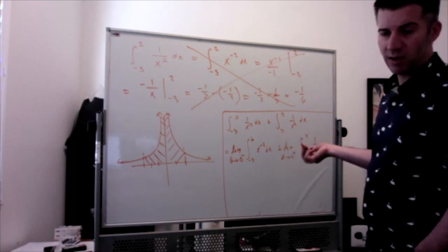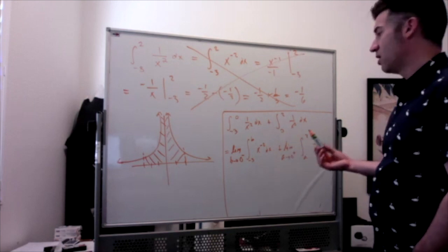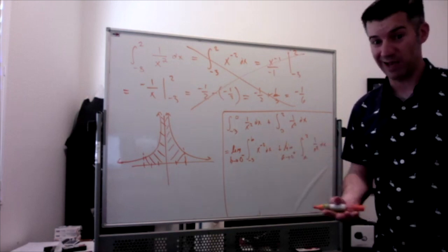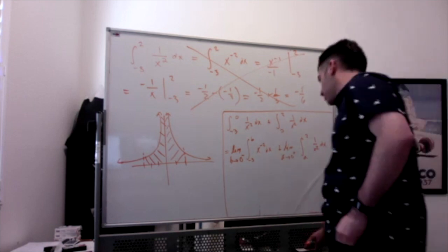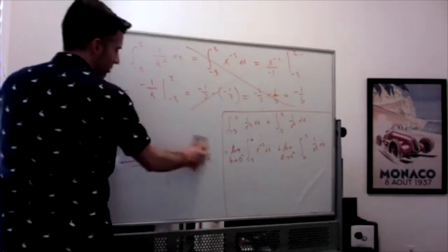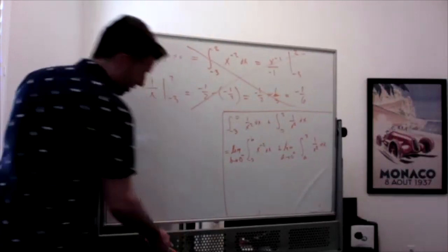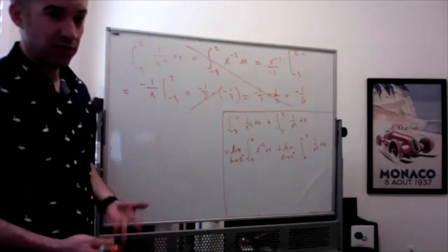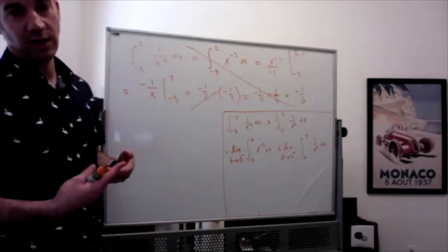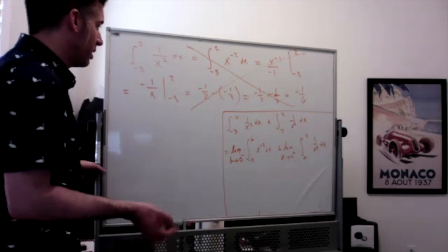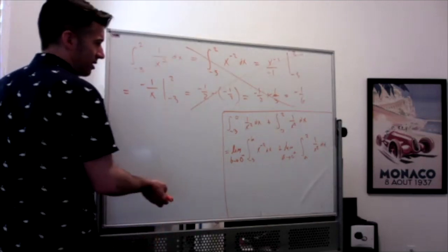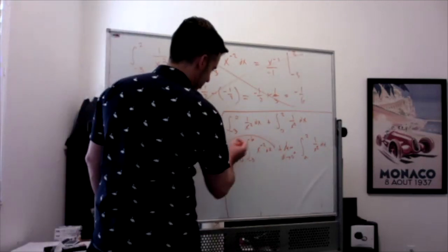But the thing is, you really want to do these one at a time to save yourself some work. You can do both of them, and sometimes you will, like if the whole thing converges, which this one doesn't. If the whole thing converges, then you do have to do both integrals. But here, let's look at this one.